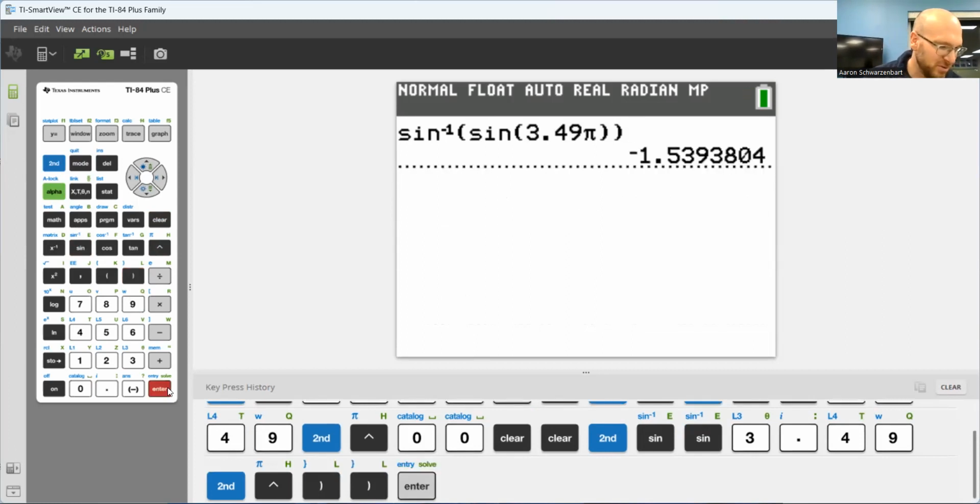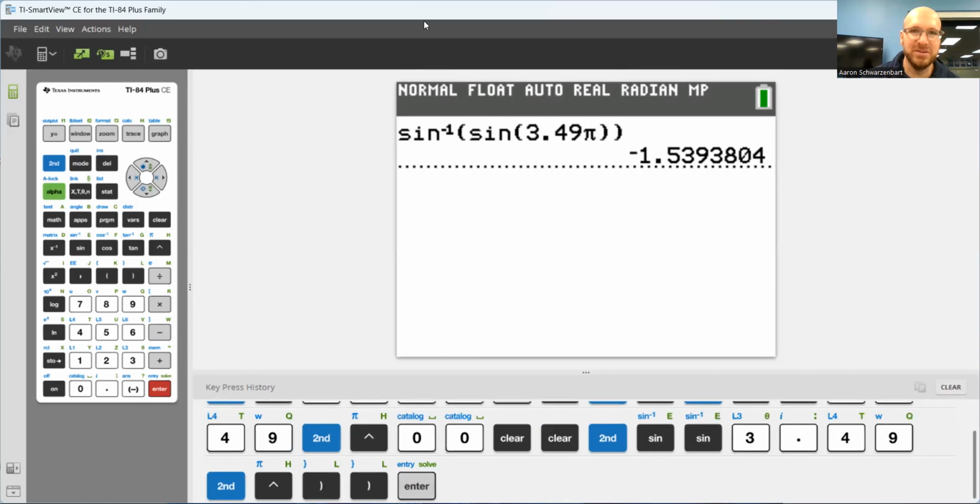And I get negative 1.539. And π/2 is 1.57. Negative π/2 is negative 1.57. The calculator won't give you anything that's not in the domain. So it'll just give you error if for some reason you put something in that isn't in that domain. Okay, so that is inverse sine.